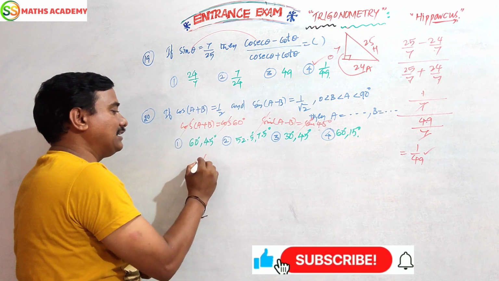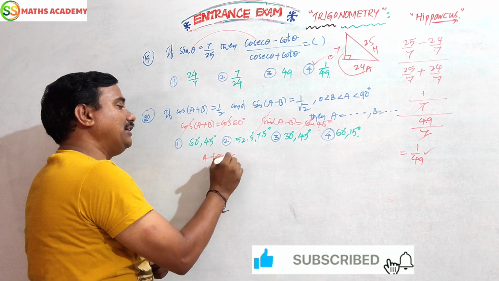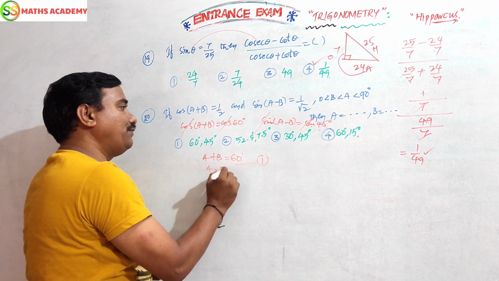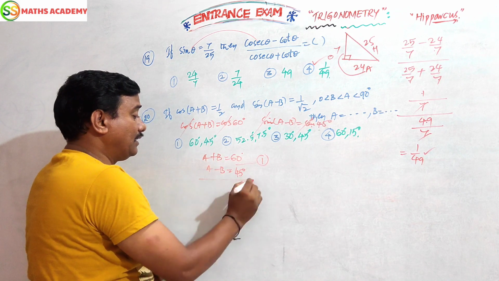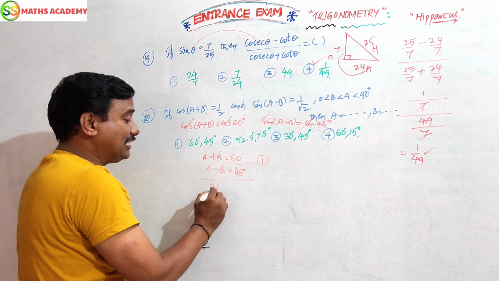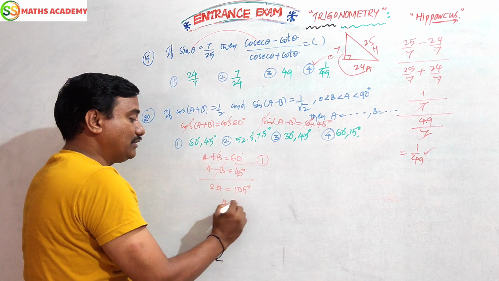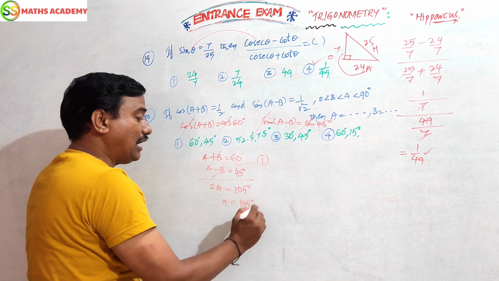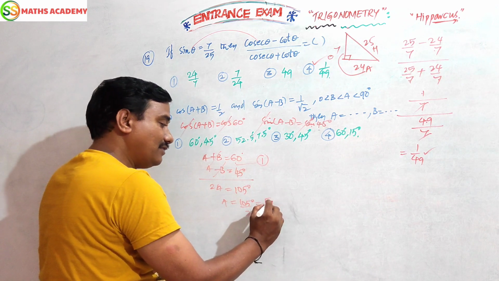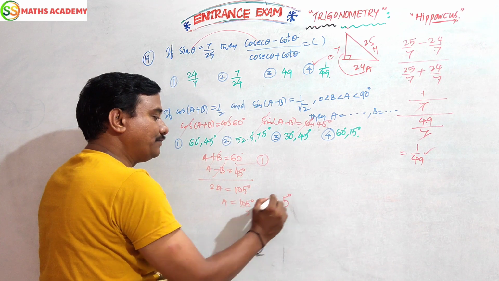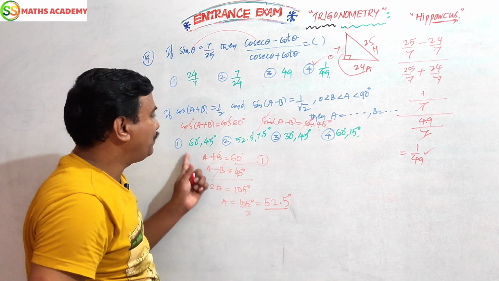Sin, cos cancel. a plus b equals 60. Here a minus b equals 45. Clear? Now plus b and minus b get cancelled. 2a equals 105. a equals 105 by 2, 52.5.